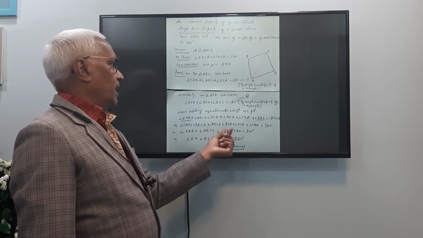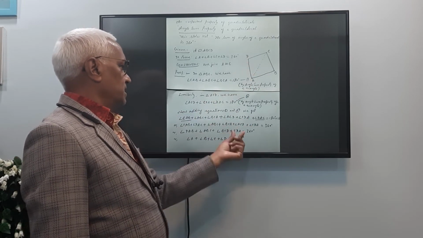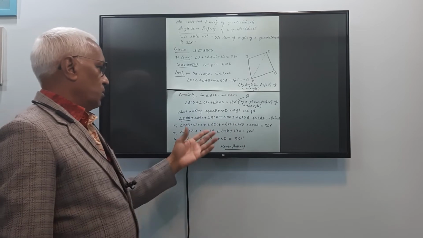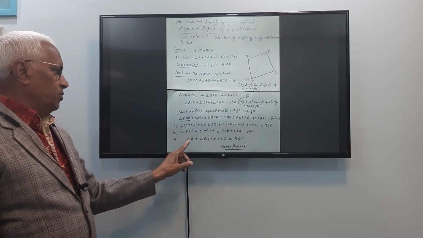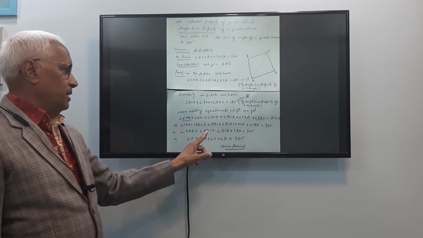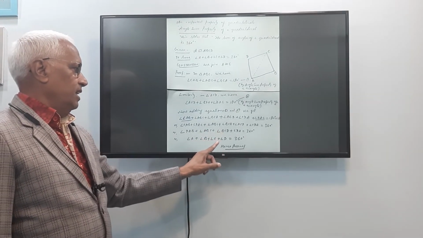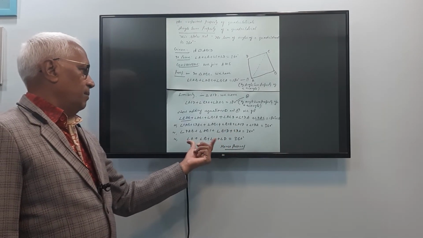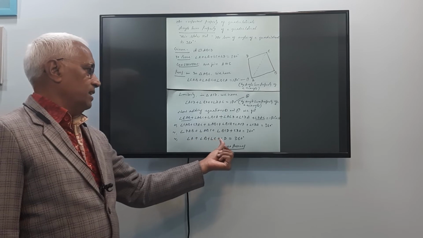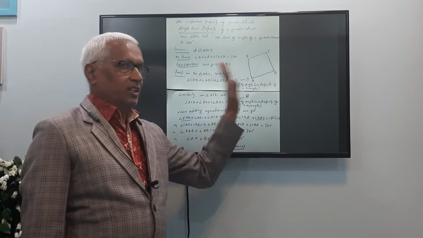And last one is angle CDA, the whole angle, which is written as it is here. So A is here in the middle of these two, so we write angle A. B is here in the middle again, so we write angle B, plus angle C here, plus angle D here, and thus the sum of angle A plus angle B plus angle C plus angle D is equal to 360 degrees. This proves the theorem.